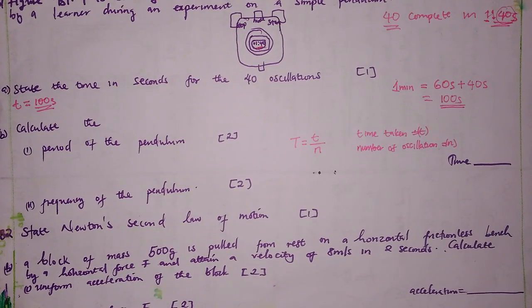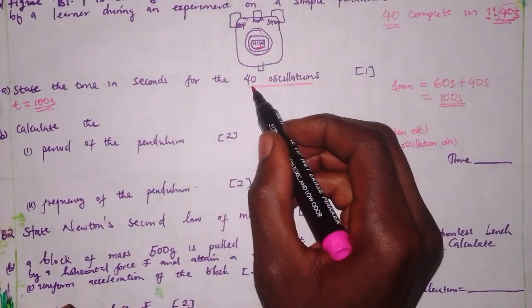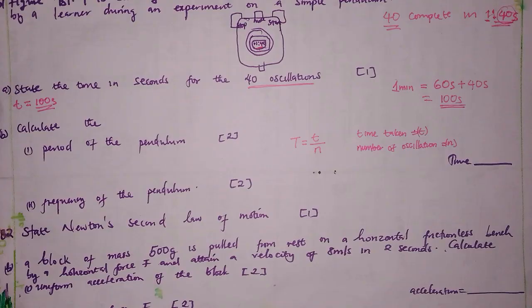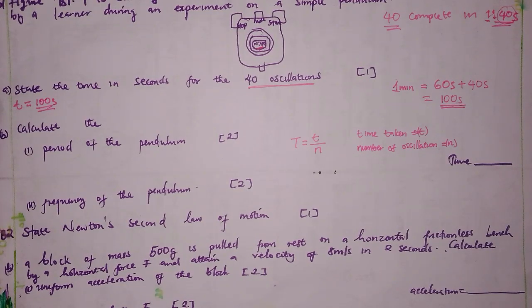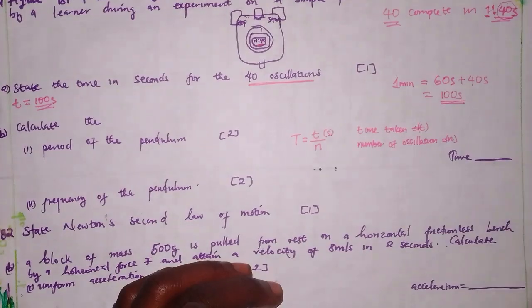So how can we calculate now the period? So remember, we have the number of oscillations, which was 40. And remember, we have converted our time into seconds. And here you have to pay particular attention again to units. Remember, here time should always be in seconds.